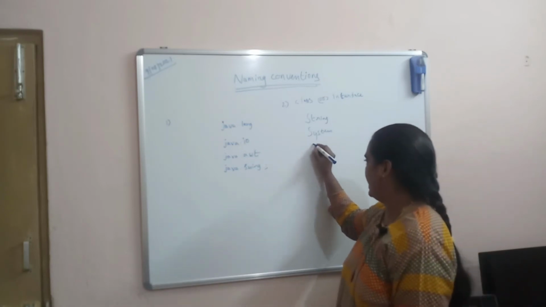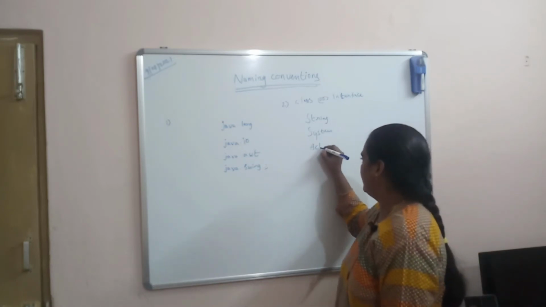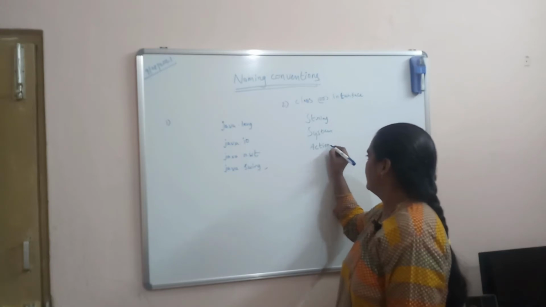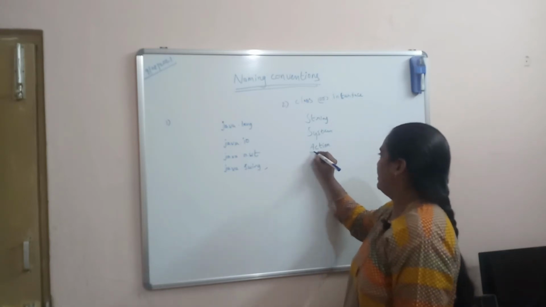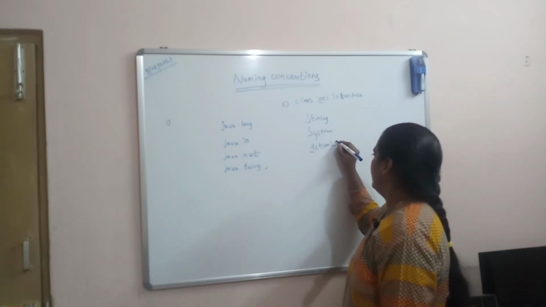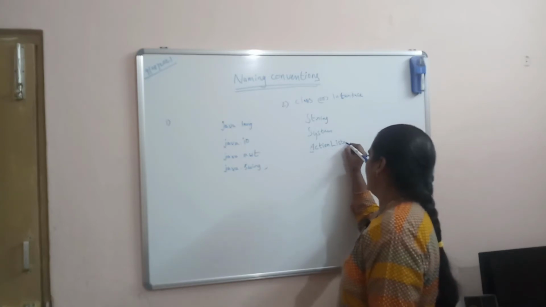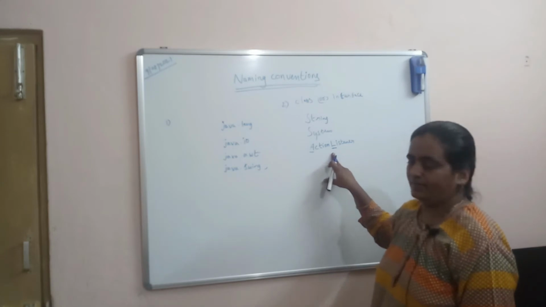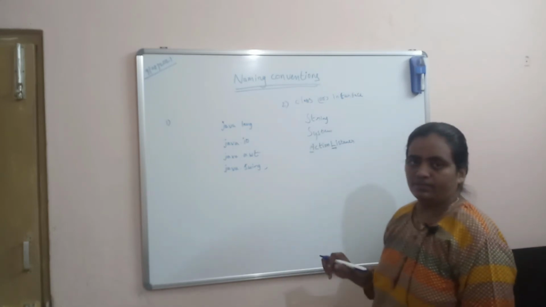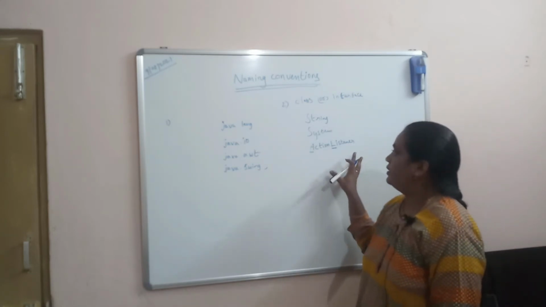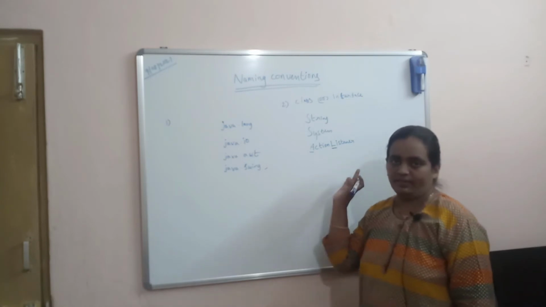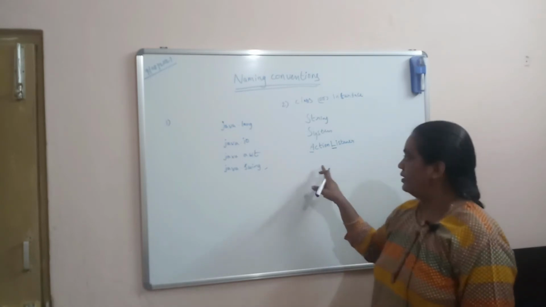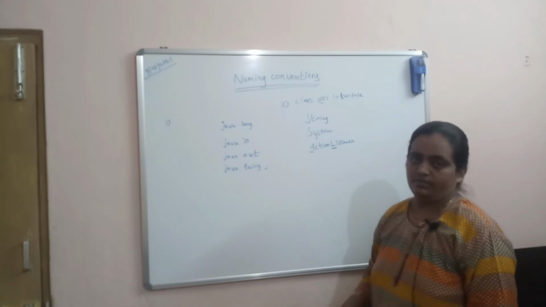For example, take the interface name ActionListener. Action is a capital letter, Listener is also a capital letter. Like this you write class names and interface names, with every word starting with a capital letter.